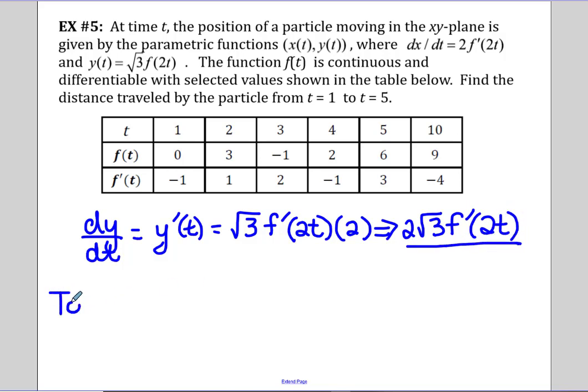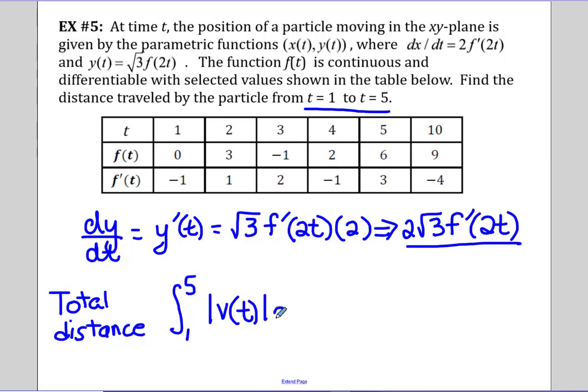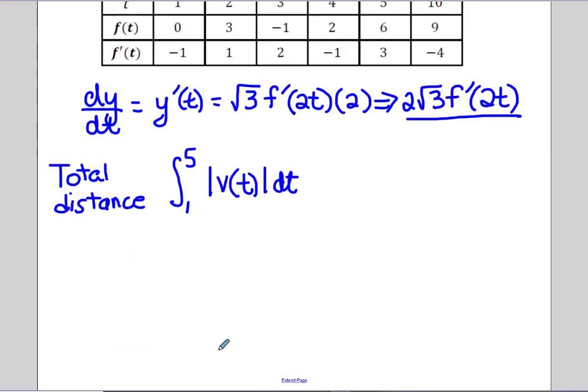And then to find the total, we want the total distance traveled. So the total distance, we're looking from 1 to 5. So the total distance is going to go from 1 to 5, and it's going to be the absolute value of the velocity with respect to time.